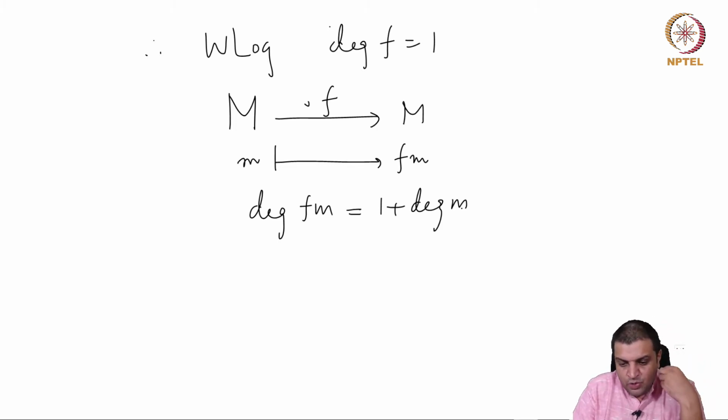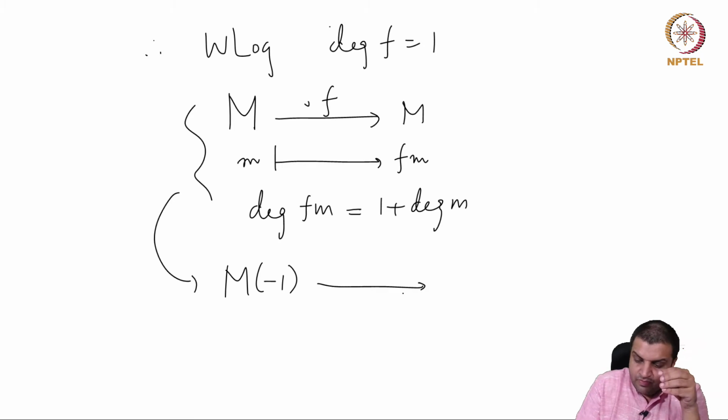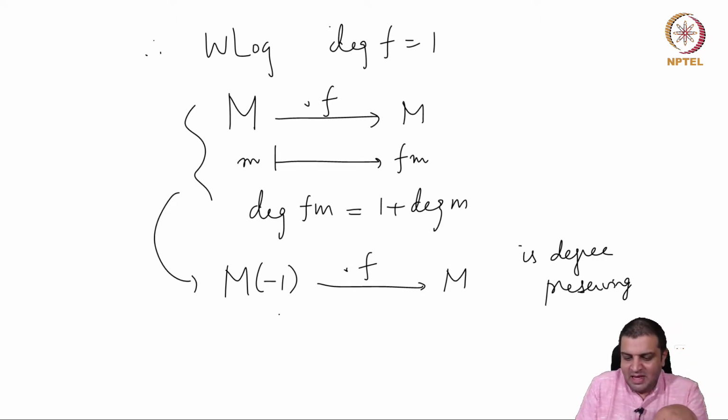But we can do one thing: we can replace this by M minus 1. So instead of doing this, do this, multiplication by F. Now this is degree preserving. The element of M here would now live in the next degree, sort of artificially moving into the next degree, and then m will go to Fm, and m and Fm now have the same degree. So this is degree preserving.